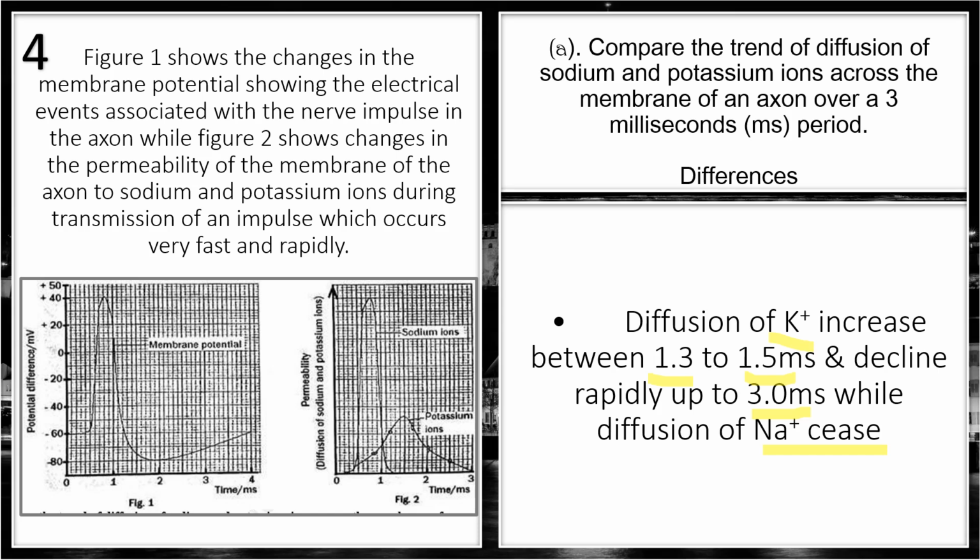So from 1.3, the diffusion of potassium increased rapidly, and then from 1.5 it decreased rapidly, whereas the one for sodium ceases by that time. The diffusion is 0.